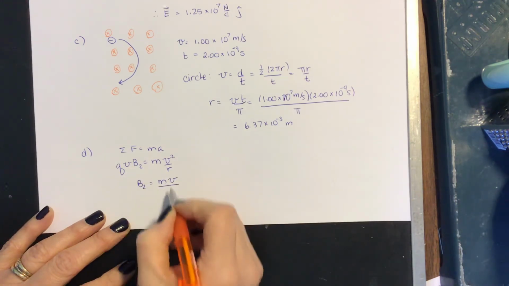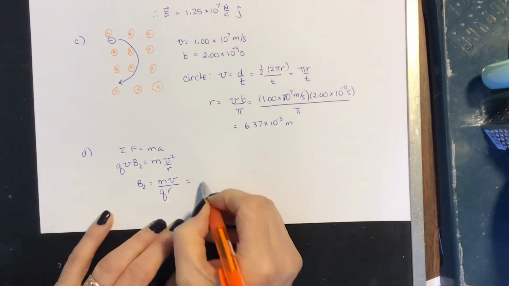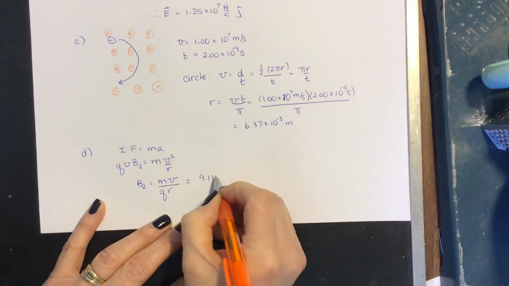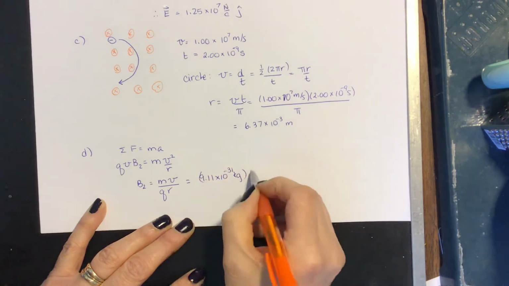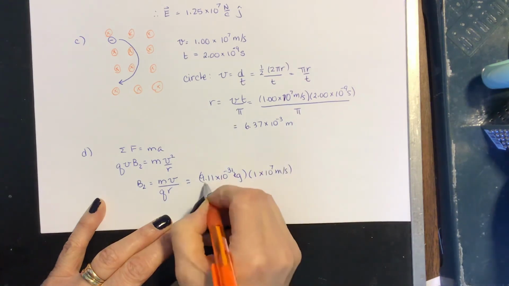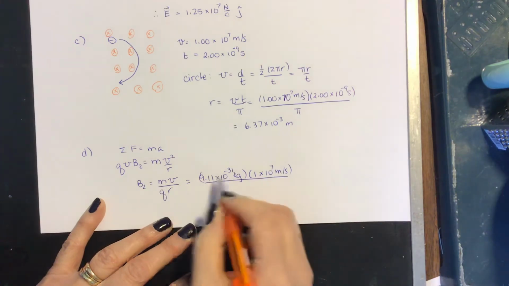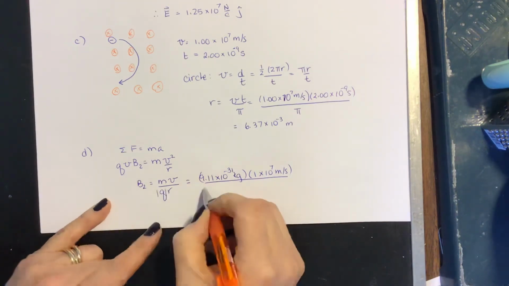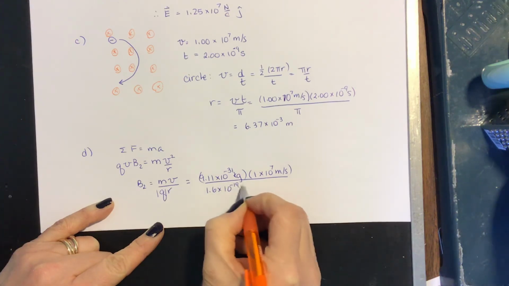Our mass is the mass of an electron, 9.11 times 10 to the minus 31 kilograms, times the velocity, 1 times 10 to the 7 meters per second, divided by Q. This would be the magnitude of the charge because we're finding the magnitude of the magnetic field, 1.6 times 10 to the minus 19 coulombs, times the radius of the path, which we just figured out.